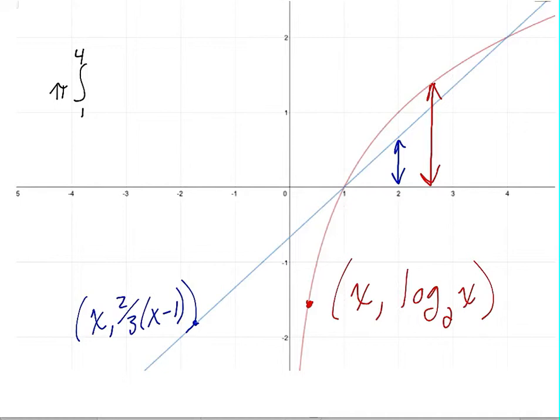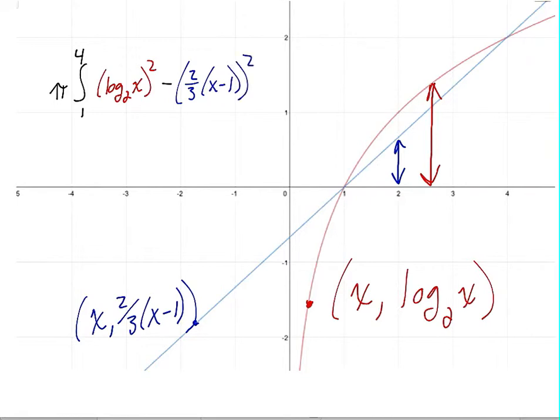So this is simply log base 2 of x, the quantity squared, minus the radius of the inside circle of the washer, which is 2 thirds x minus 1, all of that squared.